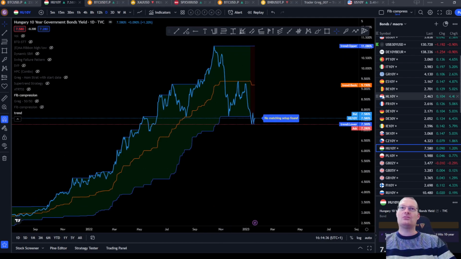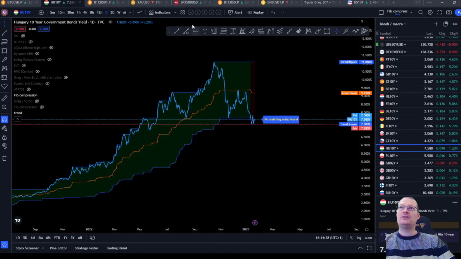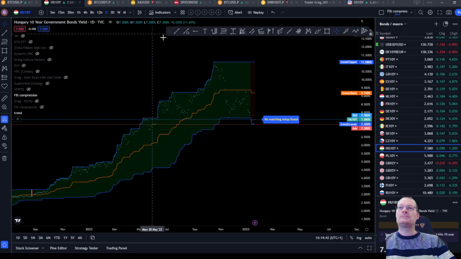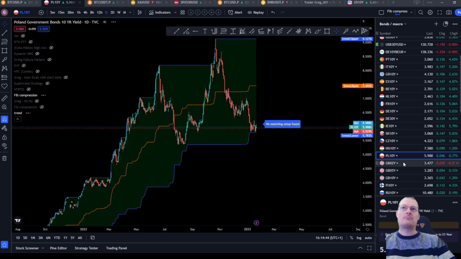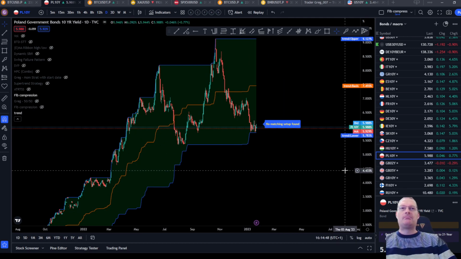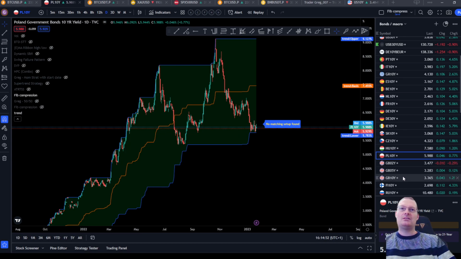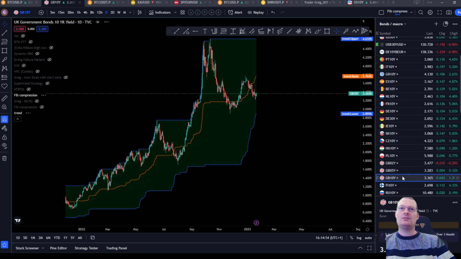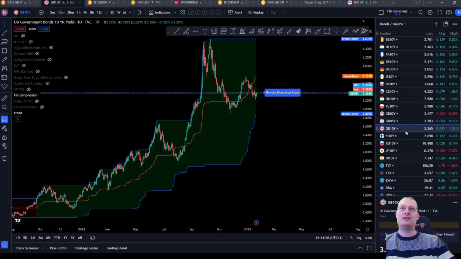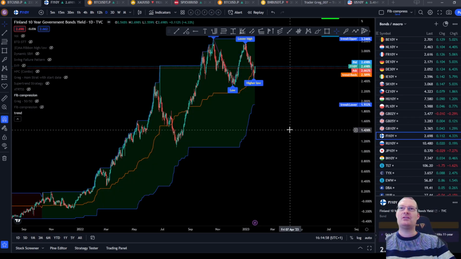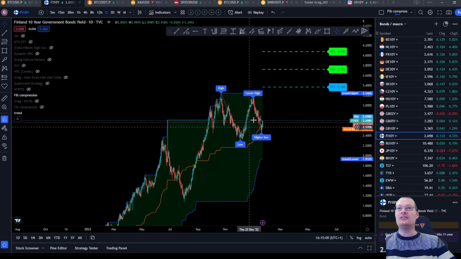So it looks like also Hungary starts to do better. Poland also. So it looks like Eastern European countries start to get evaluated better than the Western European ones. That's very interesting.